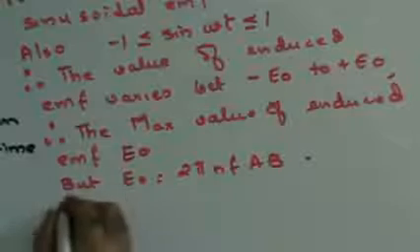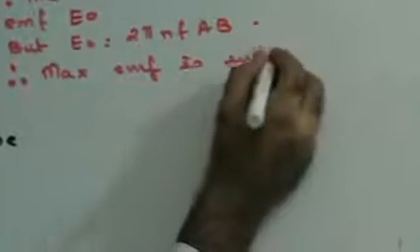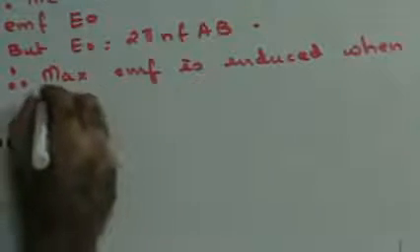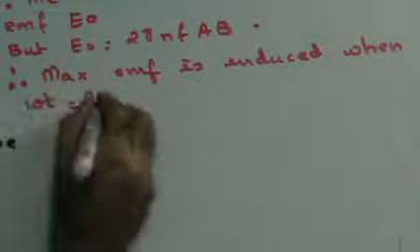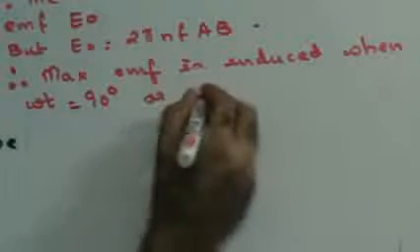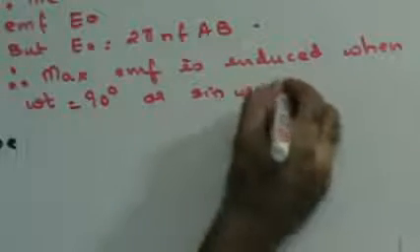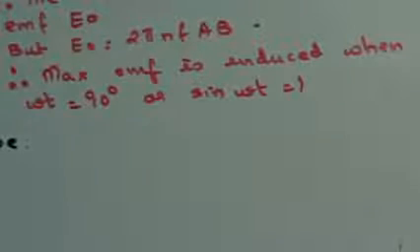Therefore, I can say that the maximum value of EMF occurs when sine omega t is equal to 1. Therefore, maximum EMF is induced when omega t is 90 degrees, or sine omega t is equal to 1.